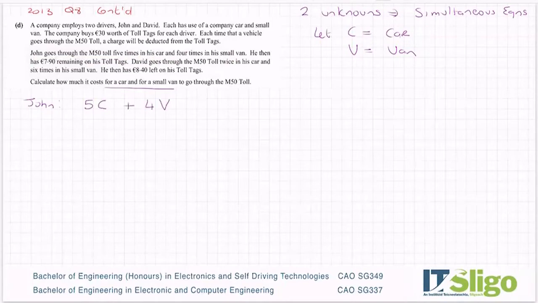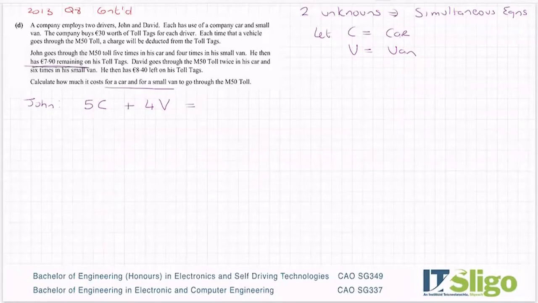In my head, that's why it's easier for me to let the letters equal some word in the question rather than X and Y. But that's just a personal thing. If you prefer X and Y, these of course could be X and Y. The letter doesn't really matter. Now, how much did that cost? The question didn't tell us exactly how much it cost.